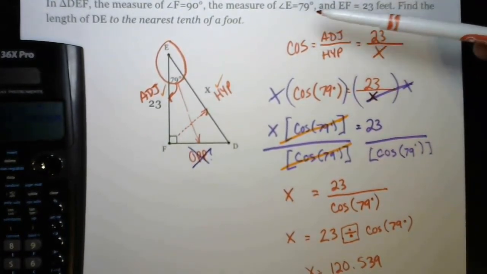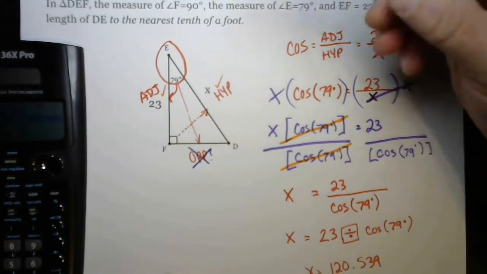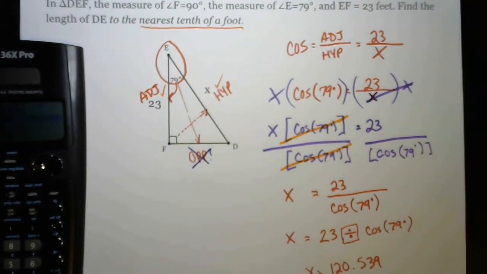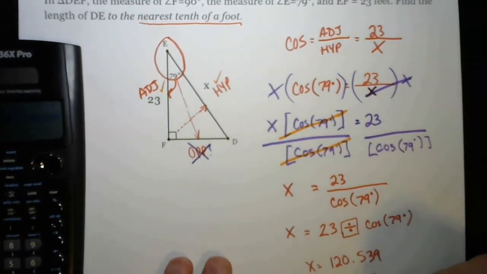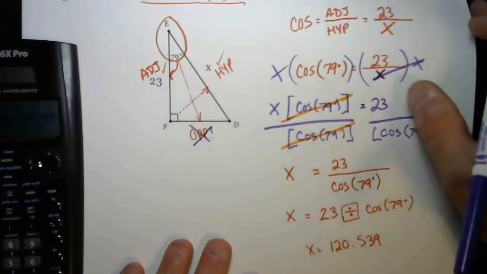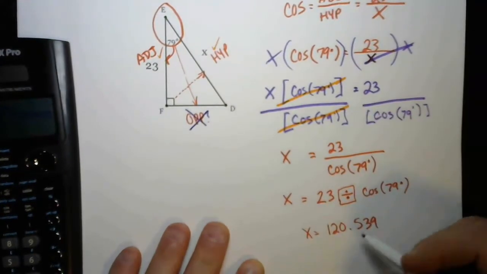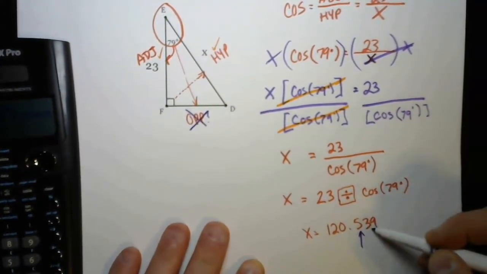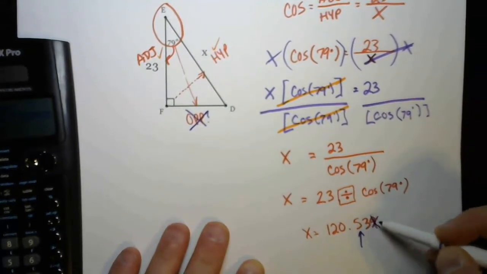Okay. Up here it says we're going to round to the nearest tenth of a foot. That means we're going to be rounding. Let me scoot this up so you can see it here. We're going to be rounding to the nearest tenth. Now this number, we don't worry about this digit over here.